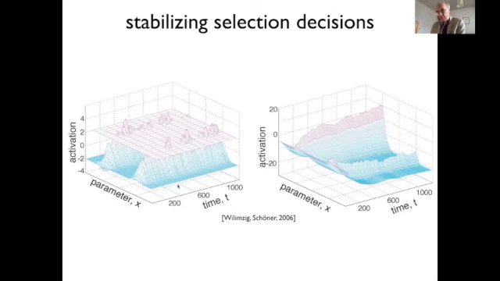Once you've made the decision, you're not going to look back to that input channel until some finite time later, which is the earliest time when you would allow a revision of the decision. So functionally, stabilization of selection decisions is important for linking cognitive levels that can make decisions to noisy sensory inputs. It's quite critical.